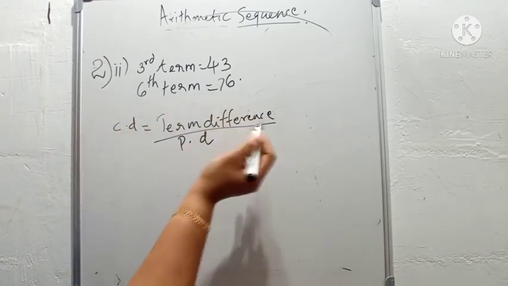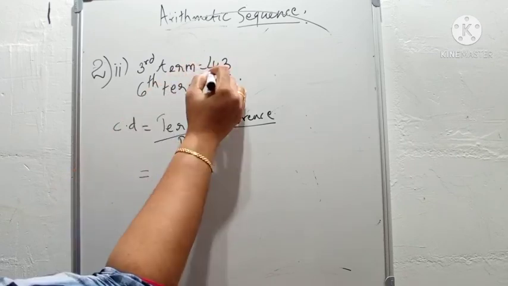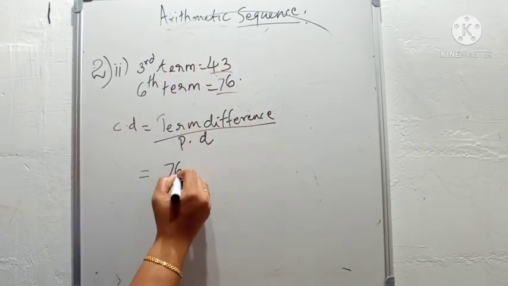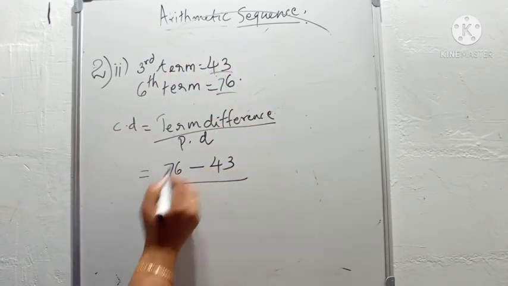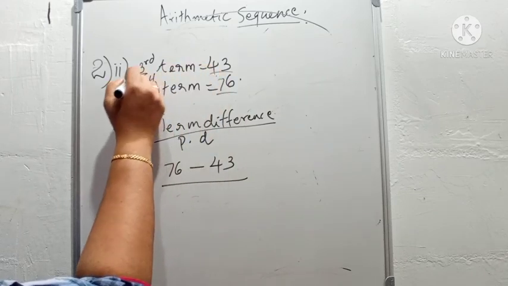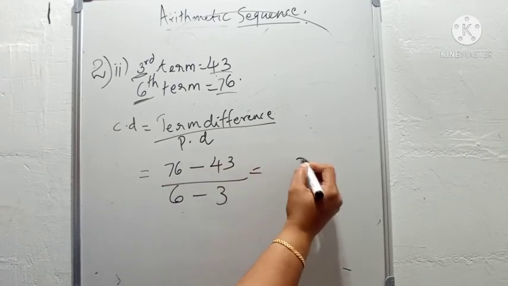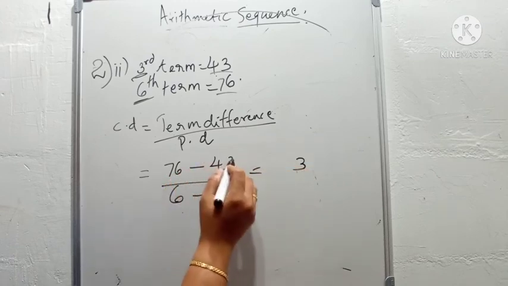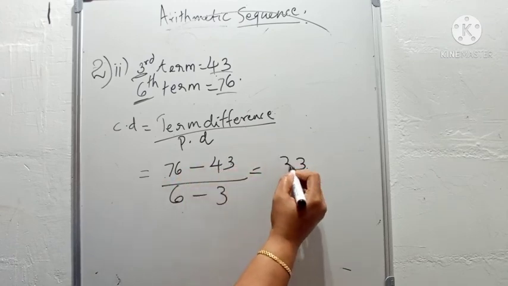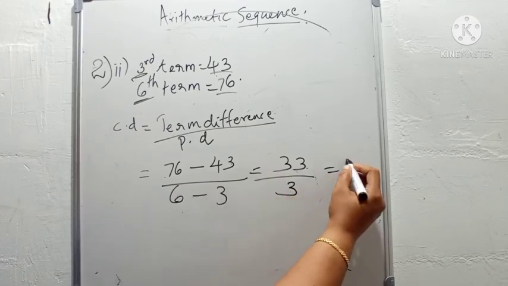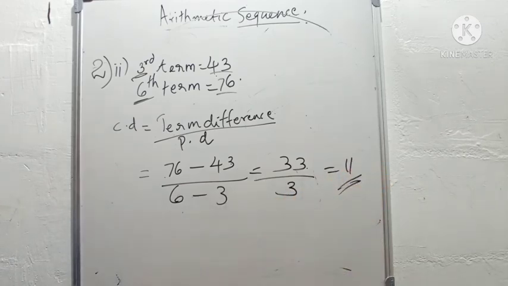The terms are 76 minus 43, and their positions are 6 and 3, so 6 minus 3, which is 3. 33 by 3 is equal to 11. So the common difference here is 11.